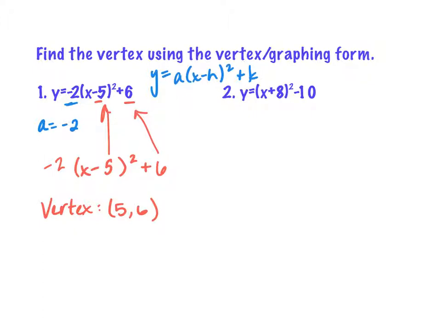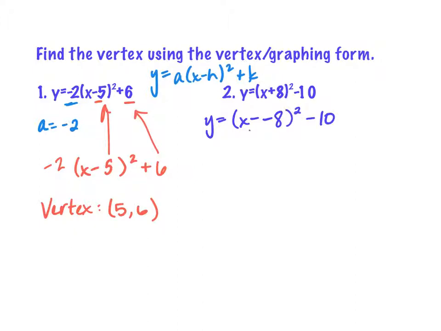Now, the reason negatives tend to confuse this is because this is an x minus. So there's a negative there. So if I have a situation like number 2 where it says x plus 8, what that means is, if I'm writing it out not simplified, this would be y equals x minus, and then my h value would be -8.